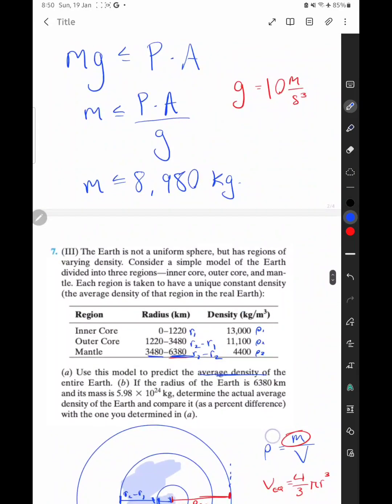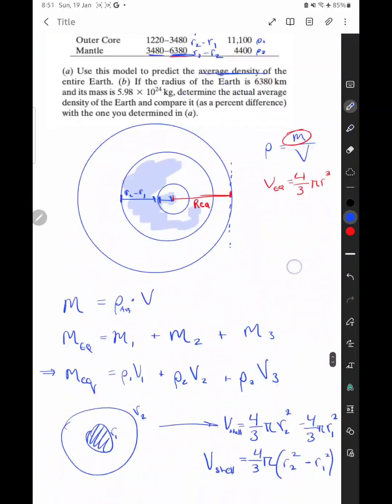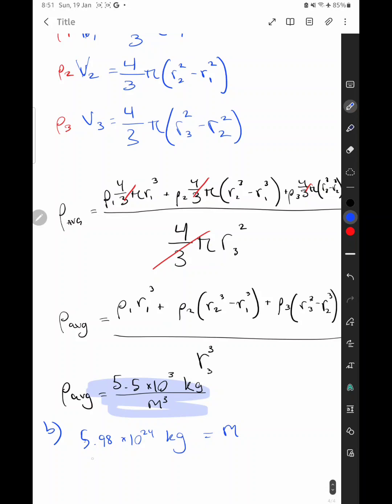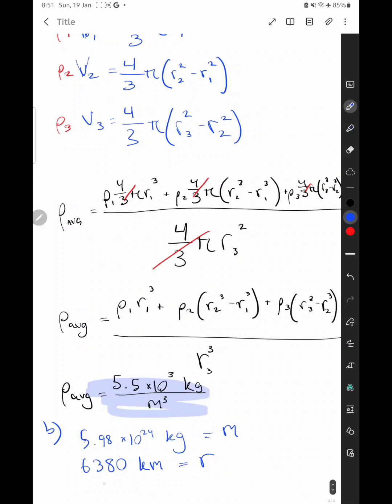Let's just call it M for now. And the actual radius is 6380 kilometers. And it just says compare the actual average density to the one that we have calculated using our model.